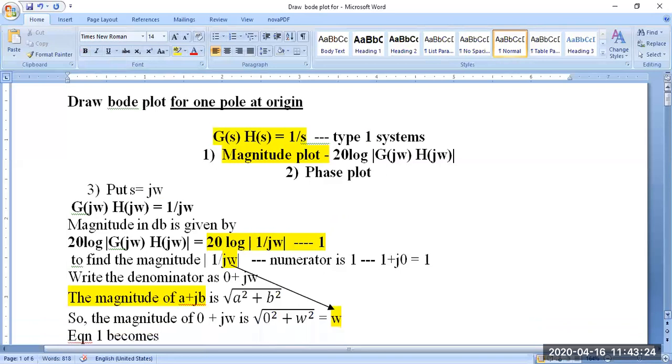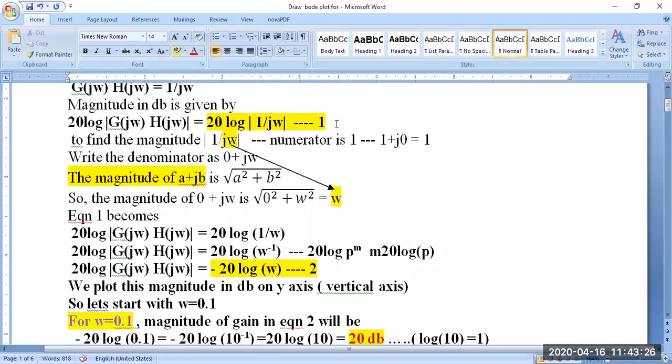So how to find the magnitude plot for this, how to draw and how to find the magnitude, let us see. To find the magnitude, for 1 upon j omega, we are going to consider the numerator and denominator separately now. So what is the numerator? Numerator is 1, which means it is 1 plus j0. Now understand one thing. What is the magnitude of a plus jb?